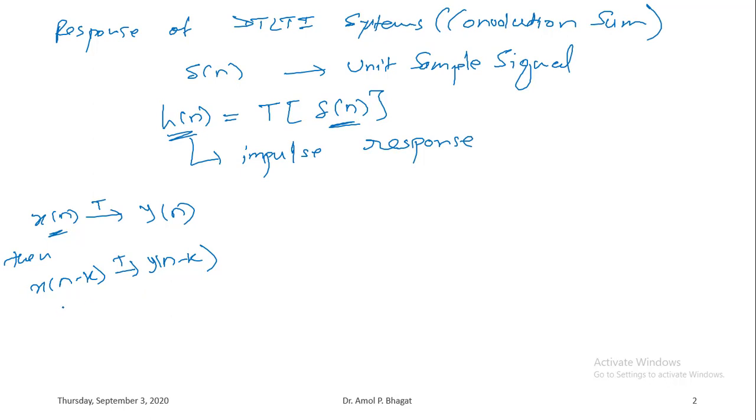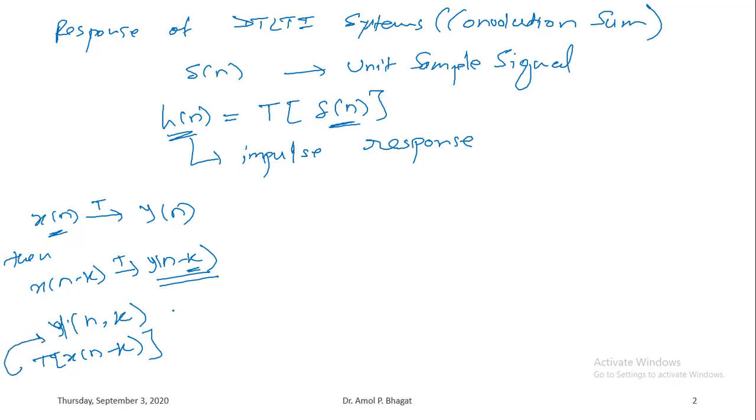If the system is time invariant, then the response can be directly identified by delaying the output by k samples. Otherwise, the response will be y of n comma k, which is the response of the system when we apply x of n minus k to the system.